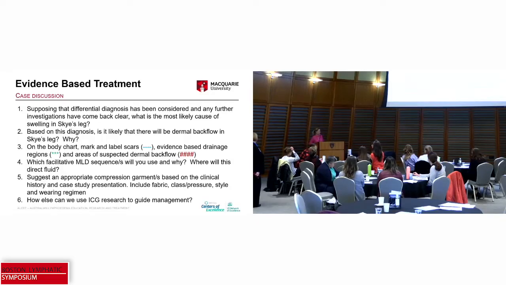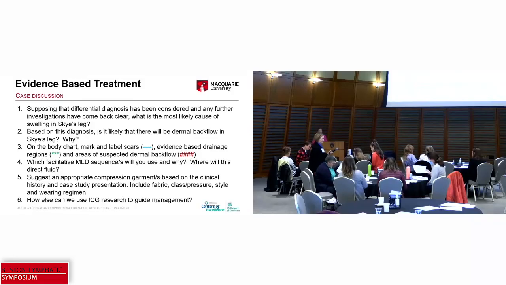Okay, so on her body chart, we're not going to talk about scars, we're going to talk about drainage regions. Where are most likely for Skye based on our evidence with ICG research, but also her clinical signs? There are some really good clues in there about where her drainage regions might be, knowing that tissue can feel thick where there is dermal backflow present.